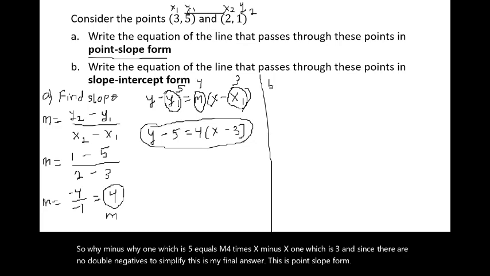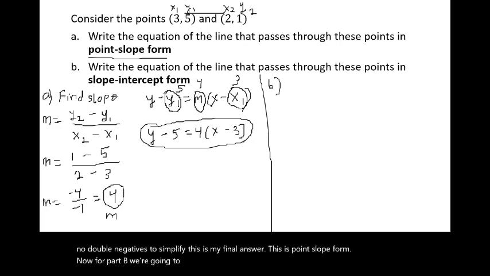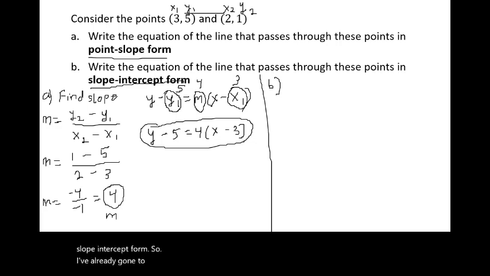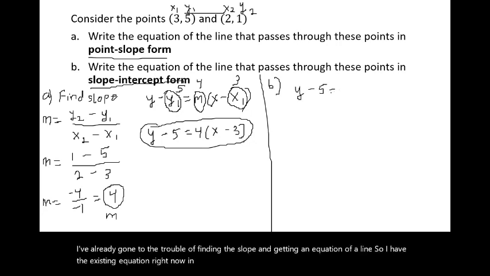Now for part B, we're going to write the equation of the line that passes through these points in slope-intercept form. So I've already gone to the trouble of finding the slope and getting an equation of a line. So I have the existing equation right now in point-slope form: y minus 5 equals 4 times parentheses x minus 3.